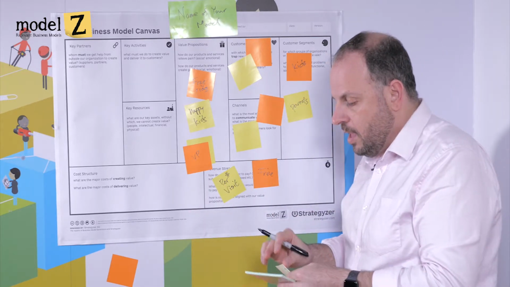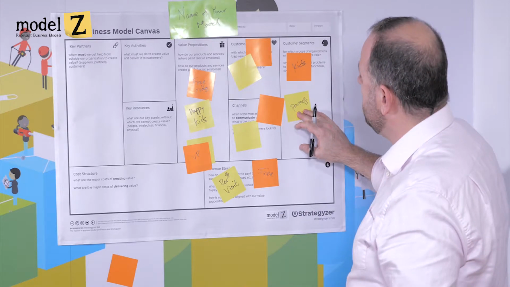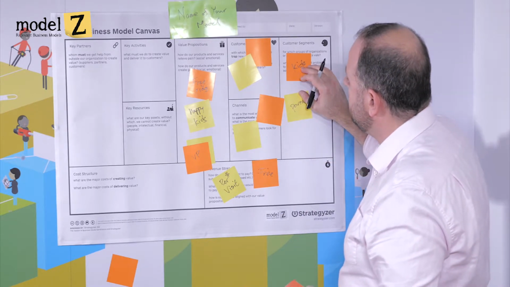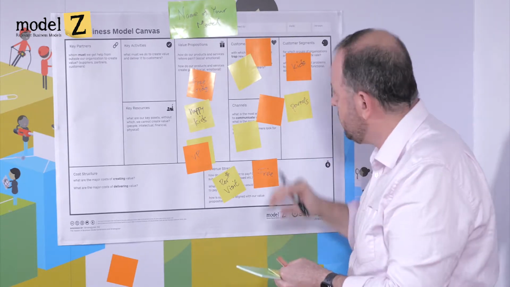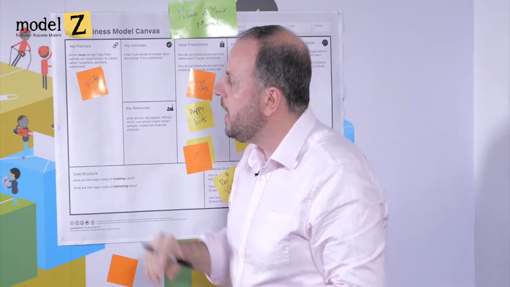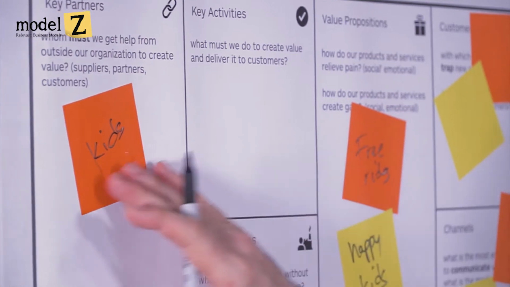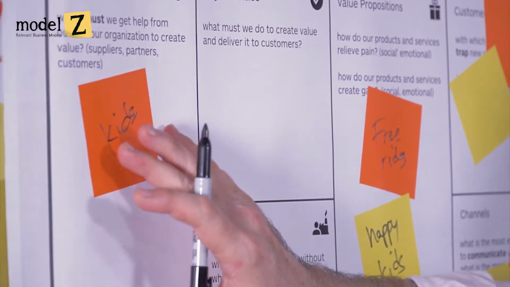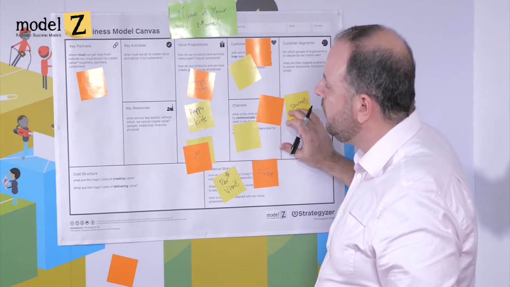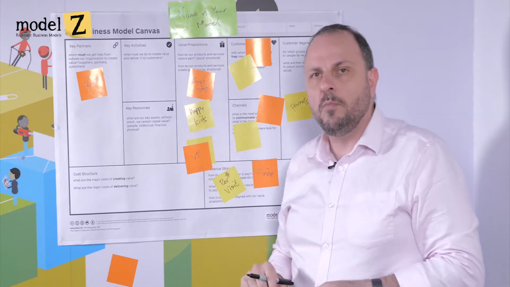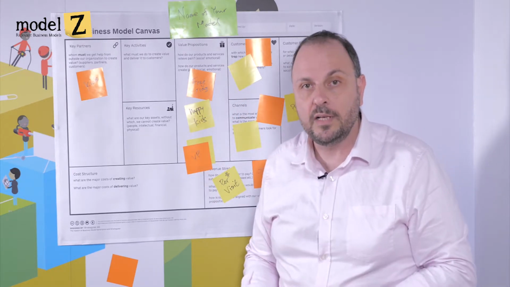So for instance, if I put here the parents, and the kids, how about I take those kids and I move them over here to key partners. So by doing this, how would kids allow me to get parents trapped in the model? Maybe we'll do something together.